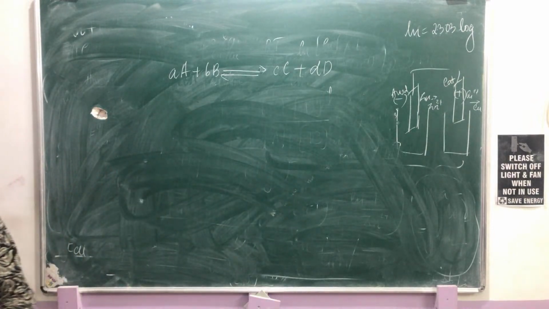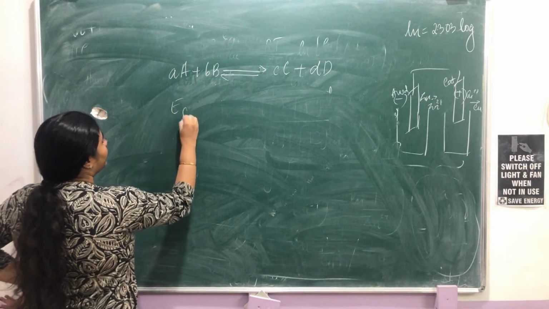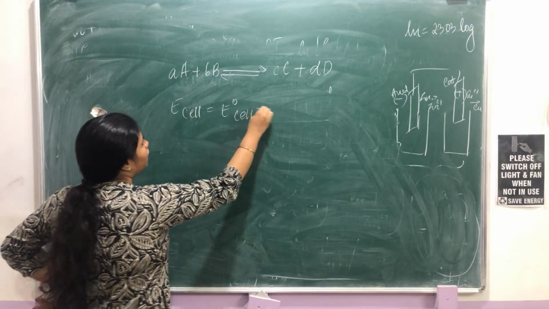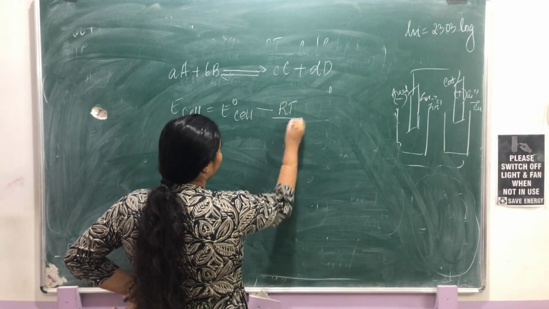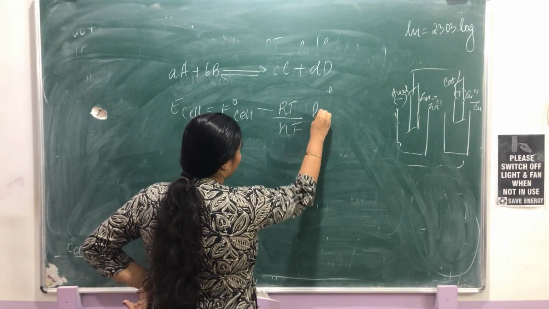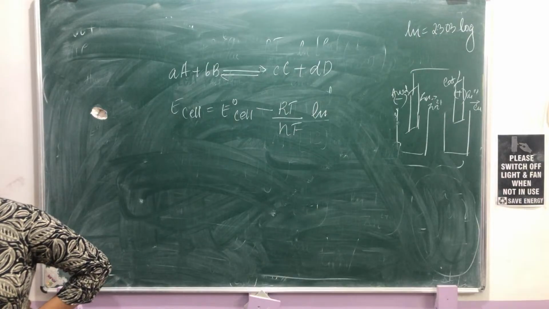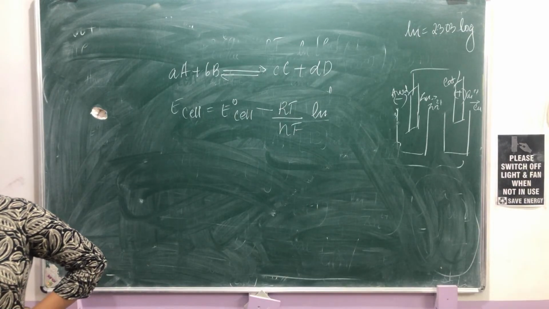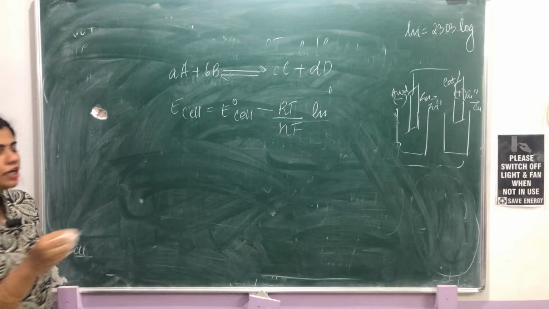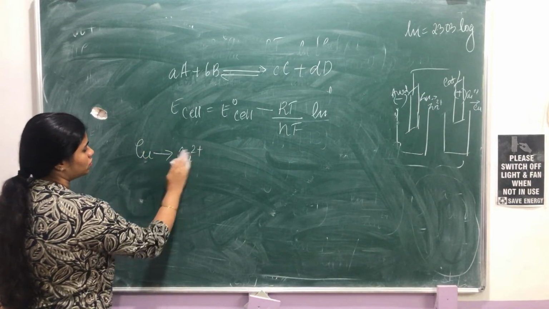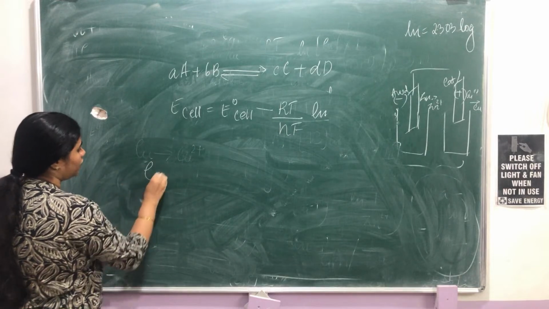If I write the Nernst equation for this, it will become E cell is equal to E naught cell minus RT by nF ln Q. Listen here, students. For the previous reaction, what did you write? Reduction, right?